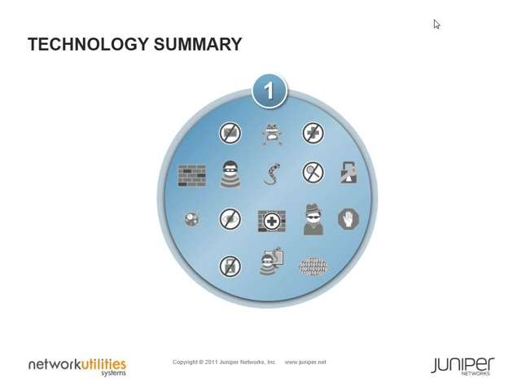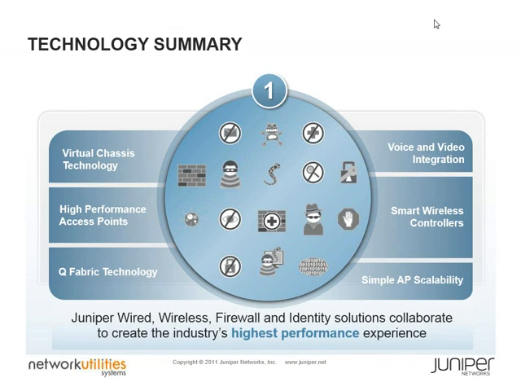Referring back, we introduced a technology summary in part 1 of our webinar series. So this slide highlights some of the Juniper technologies and solutions that support the Simply Connected message, specifically in relation to high performance and scalability. Essentially what we're trying to do is summarize the technology that comes out of the products that Juniper provides within the Simply Connected architecture. The architecture allows for scalability without complicating the network, and a highly resilient, automated and uninterrupted service.